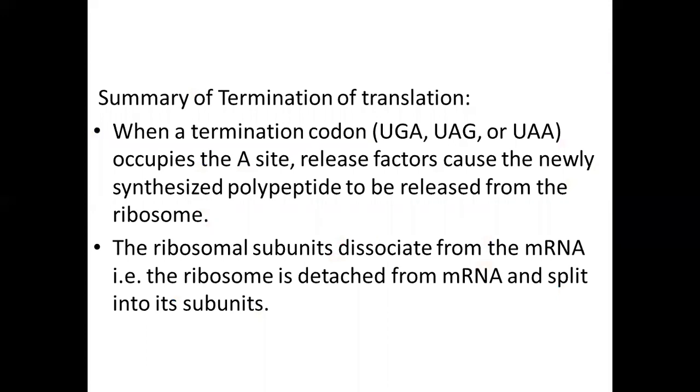In summary, when a termination codon is reached, and when that stop codon occupies the amino acid site, release factors will cause the newly synthesized polypeptide to be released from the ribosome. The ribosomal subunits will then dissociate from the messenger RNA. That is, the ribosome will be detached from the messenger RNA and split into the large subunit and the smaller subunit.